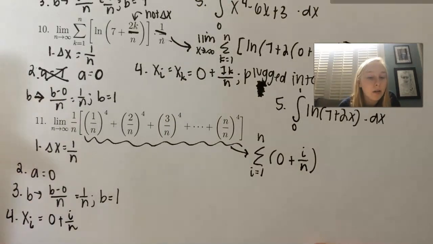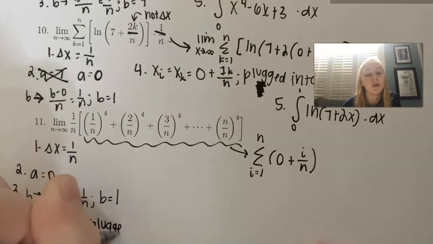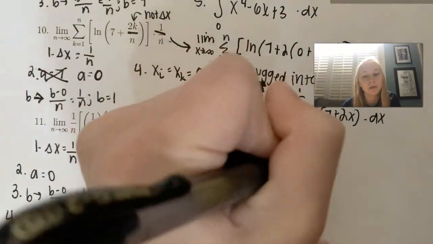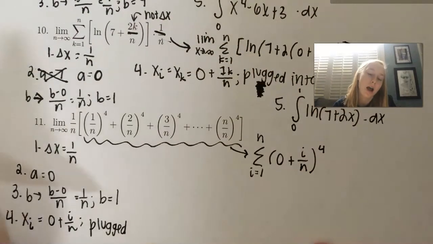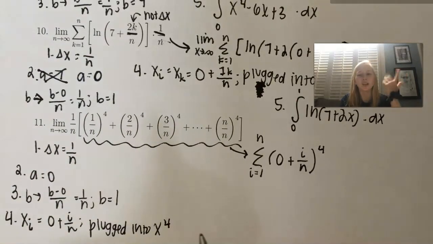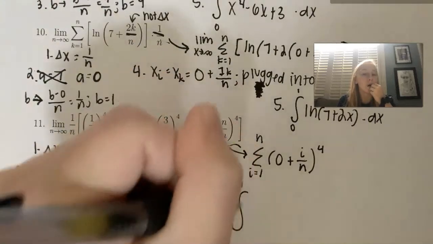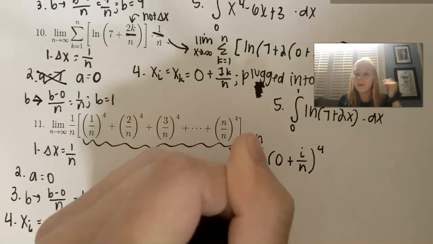First we found xi, and then we realized that it's plugged into x to the 4th. So this thing looked really different, but actually it's kind of the same. It's not too hard. We figured it out, right?